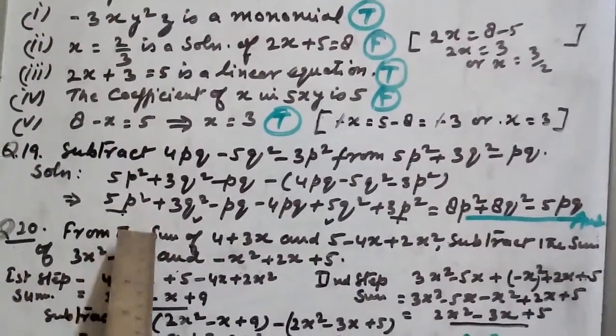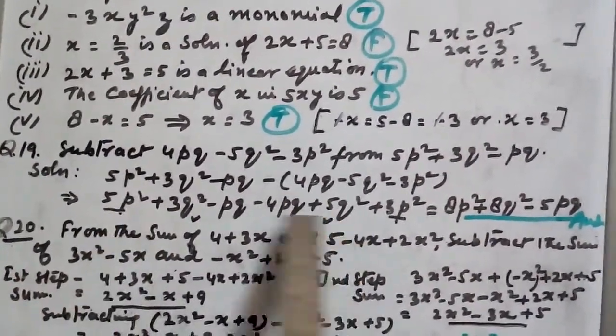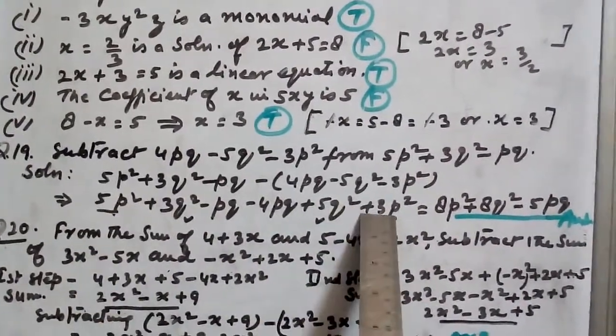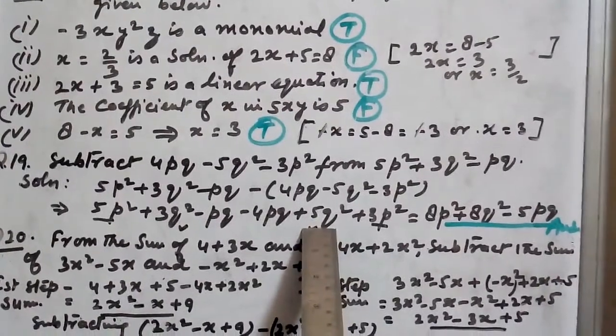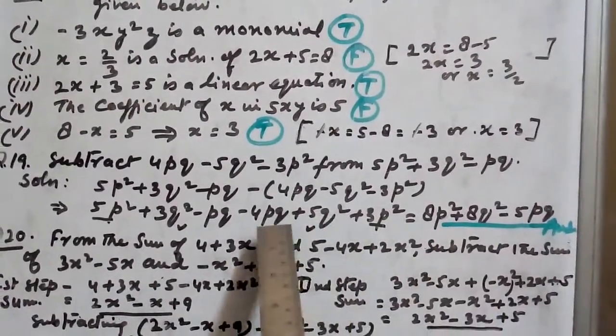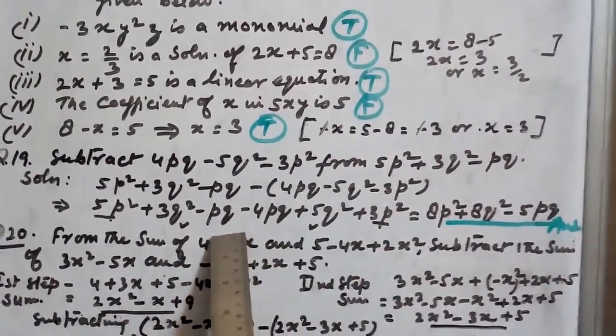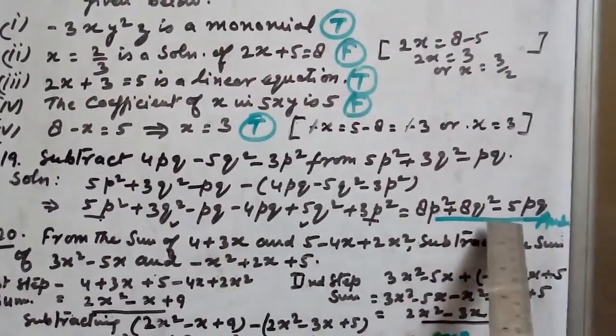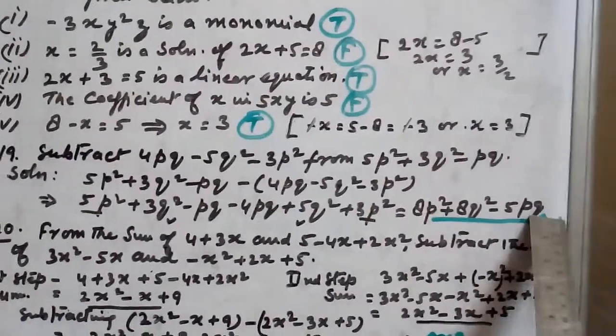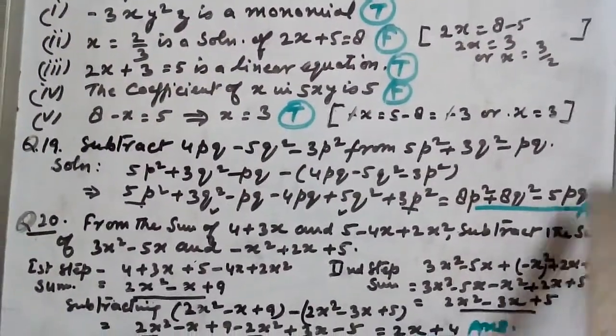Adding all together, joining all the like terms, we get 5p square, and here 3p square becomes 8p square, 3q square plus 5q square becomes 8q square, and what remains is pq minus pq and minus 4pq, which is minus 4pq. So this is the answer, children.